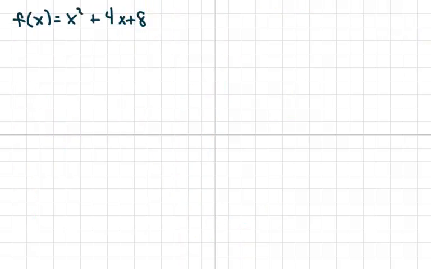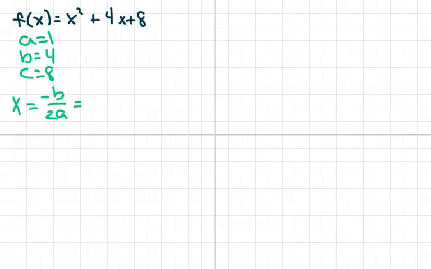Okay? Here's another one. This opens up. A is 1, B is 4, and C is 8. Axis of symmetry is x equals negative b over 2a, which is negative 4 over 2, which is negative 2. Now, it opens up because a is positive. Let me just put a is positive because 1 is positive.